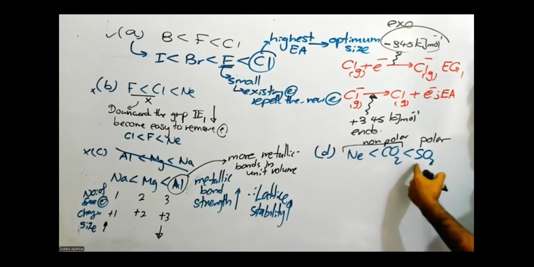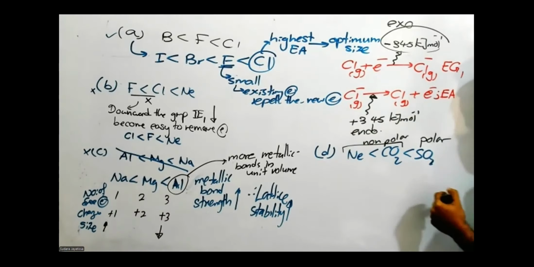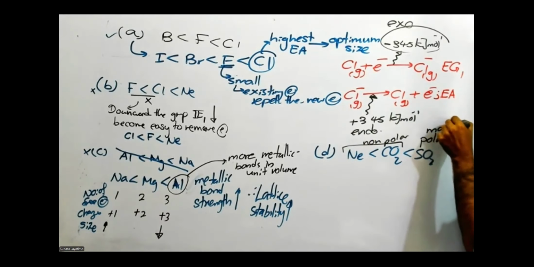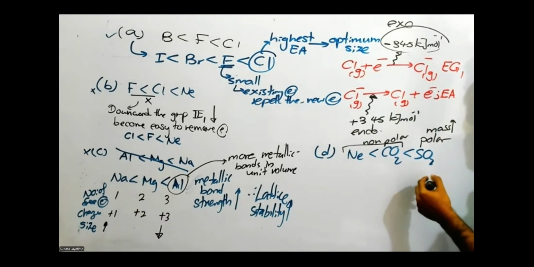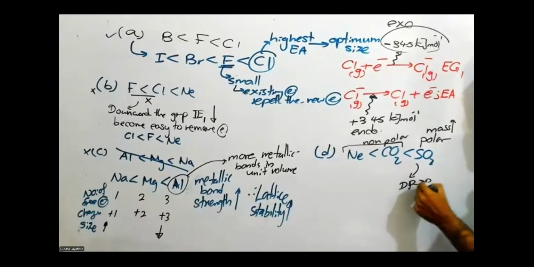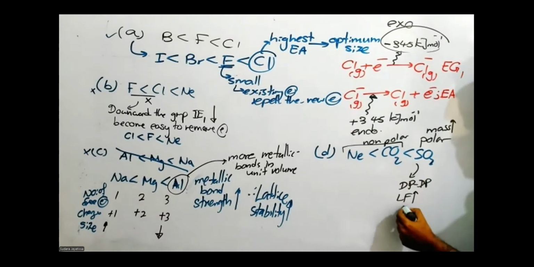A polar gas with a higher mass should have a higher boiling point. Its mass is also higher, which means it can form more London forces and dipole-dipole interactions. Therefore, it should have the highest boiling point.